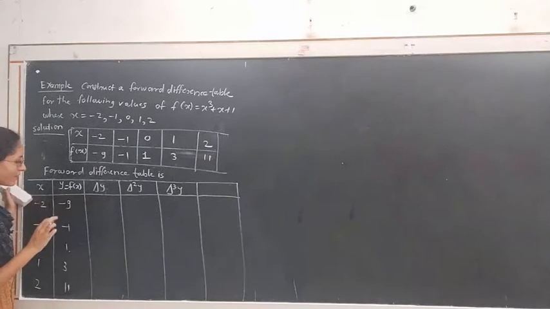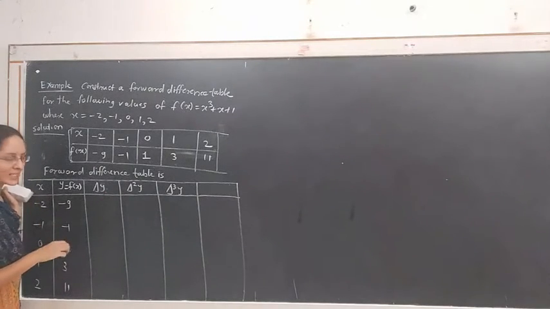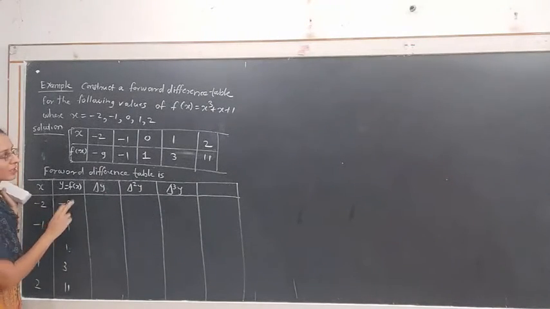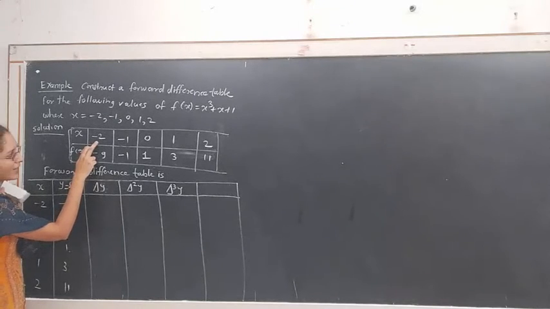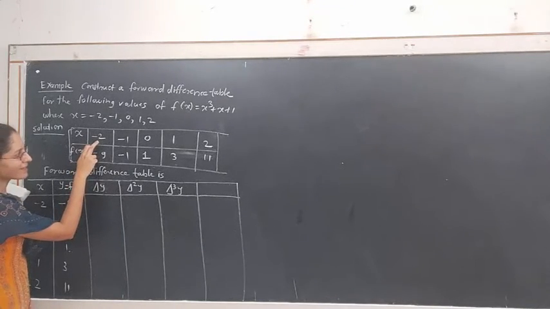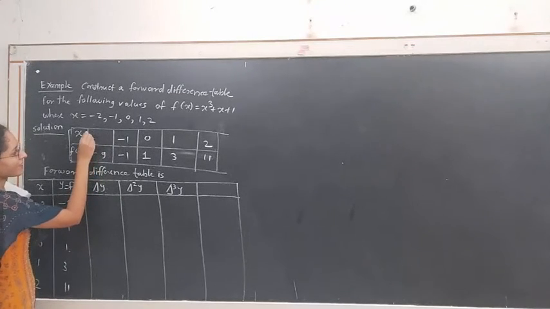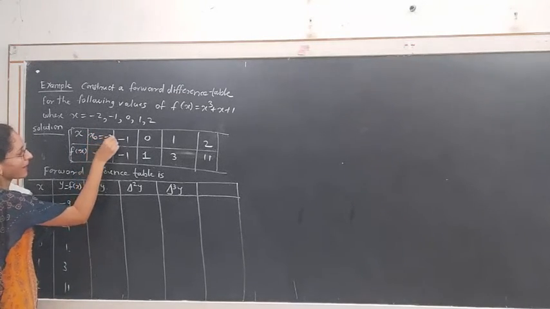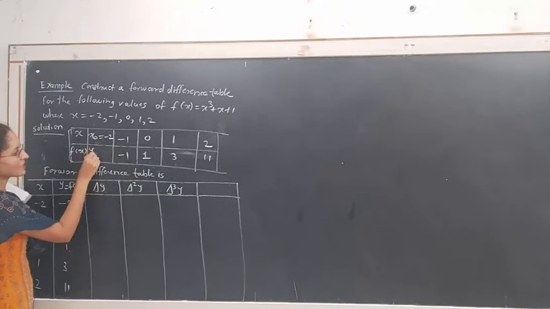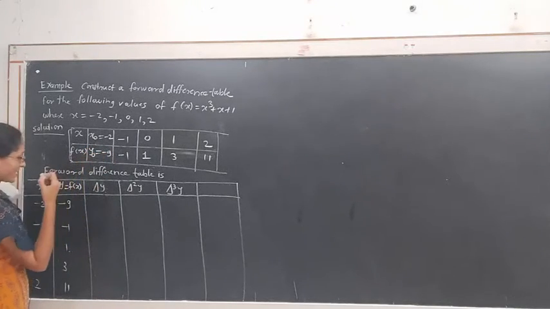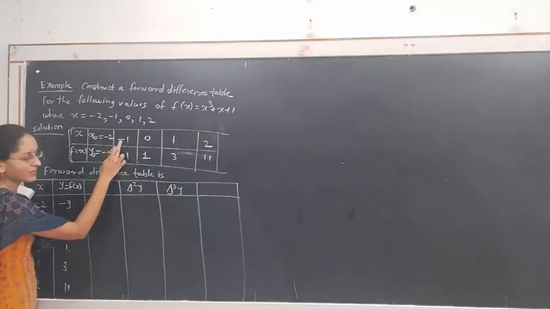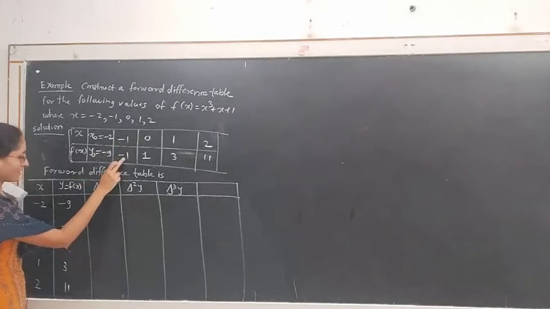Consider the difference between y1 and y0. This is the value of y0. See, this is the value of x at the initial stage, hence we consider this value as x0. This minus 2 is x0, and the corresponding value is y0 is equal to minus 9. Similarly, this is the value of x1 and this is the value of y1.